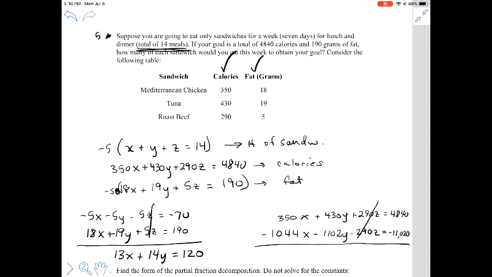So negative, I'm getting negative 694, and then negative 672y, and negative 6180.